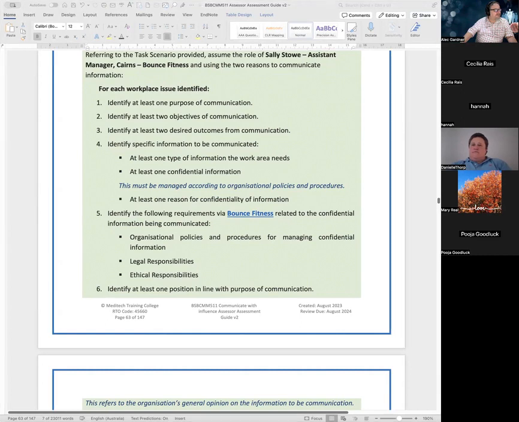For example, if your communication was a meeting, is it why you're using the meeting as a form of communication, or is it why you're having a meeting? The first thing you would come back to is, does it have an agenda? Yeah, and that would be the objectives, wouldn't it? That would be the objective of the meeting. The purpose would be what's going to be the outcome.